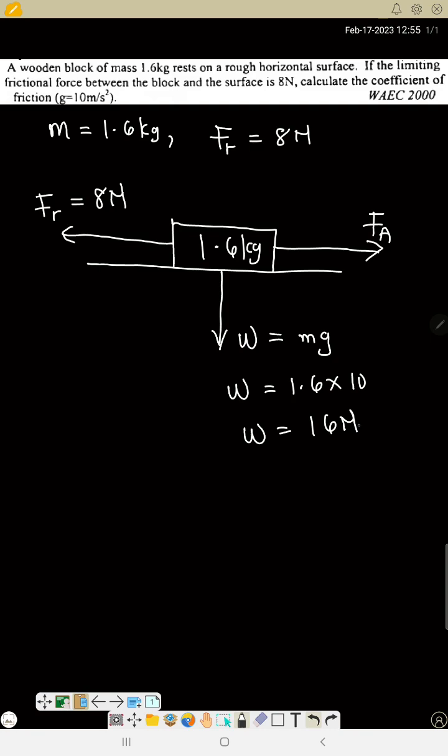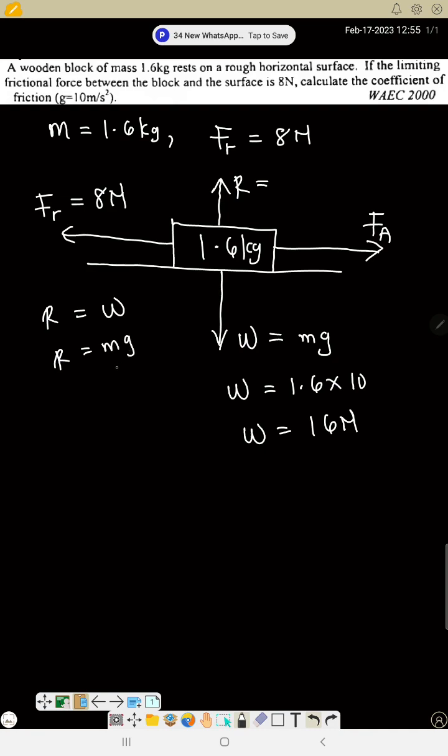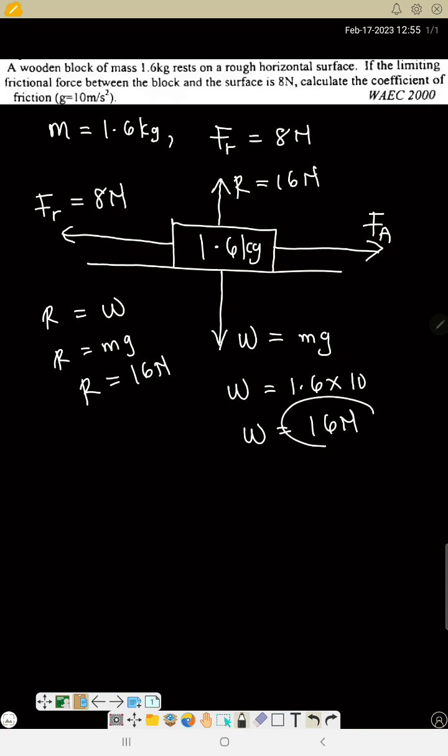If the weight is 16 Newton, then the normal reaction, remember, if the object does not move, then R is equal to W. Since W is mg and that is 16, R is also equal to mg, so R is equal to 16 Newton. That means R is equal to the weight acting downward, because the object does not move.